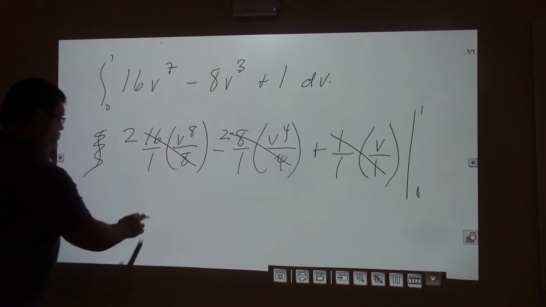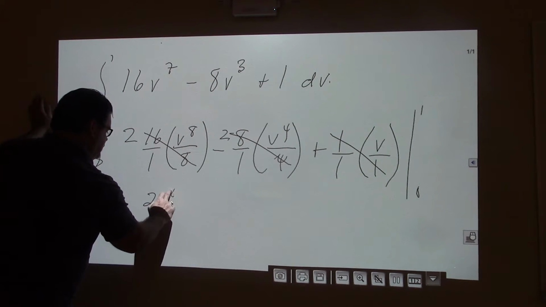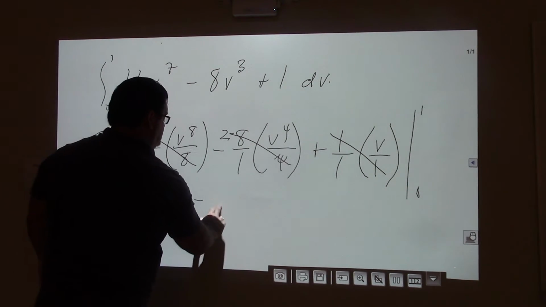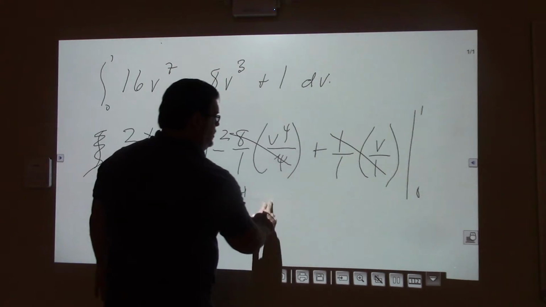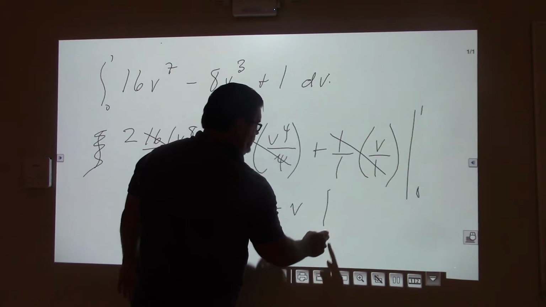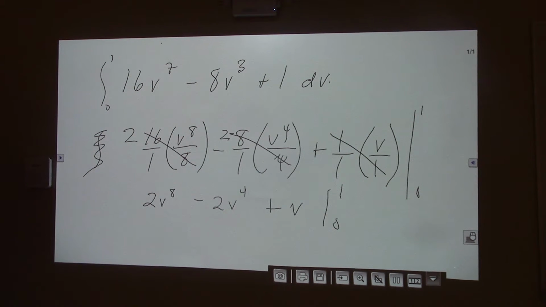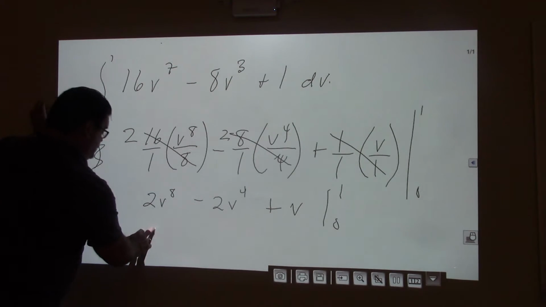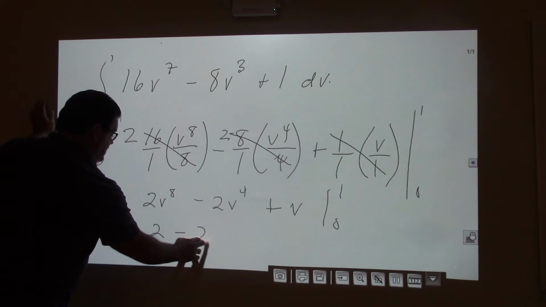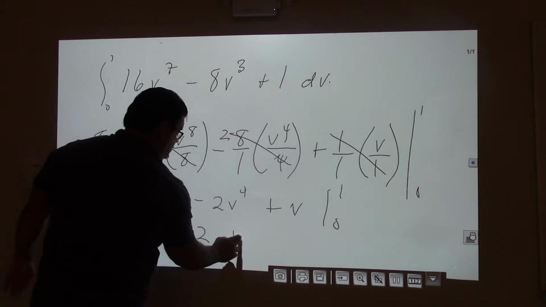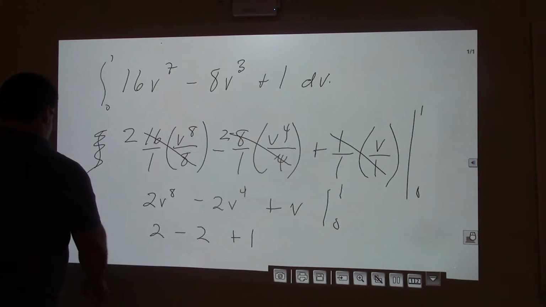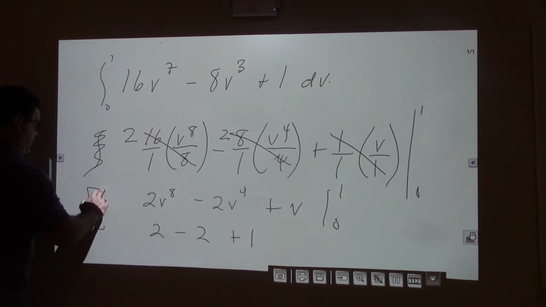You get 2v to the 8th minus 2v to the 4th plus v evaluated at 0 and 1. You can cancel out the 0, but at 1 it's 2 times 1 minus 2 times 1 plus 1, and your answer is 1.